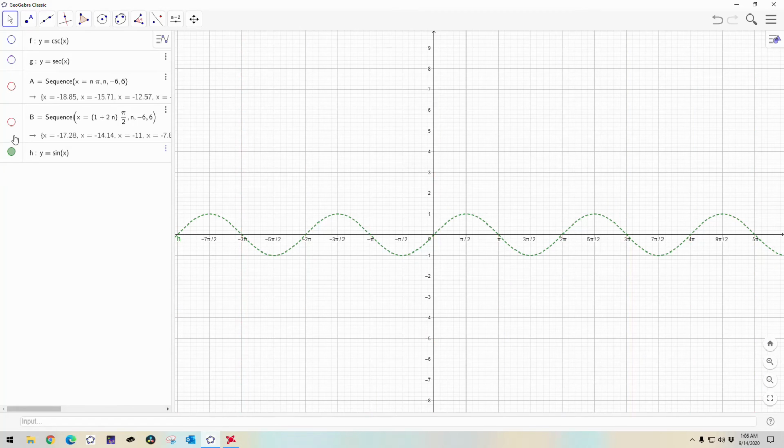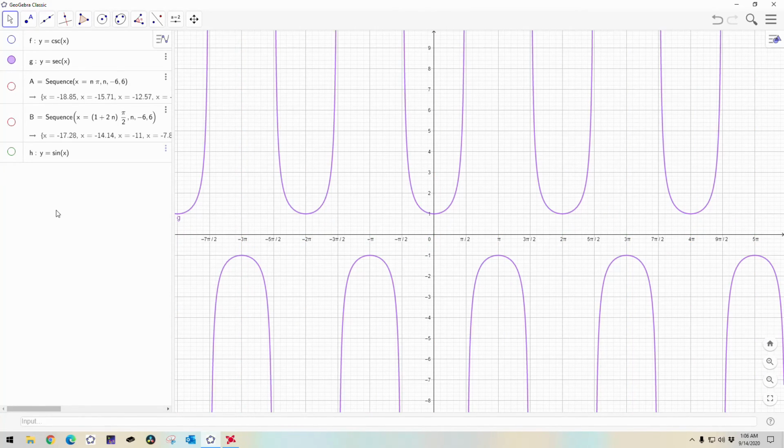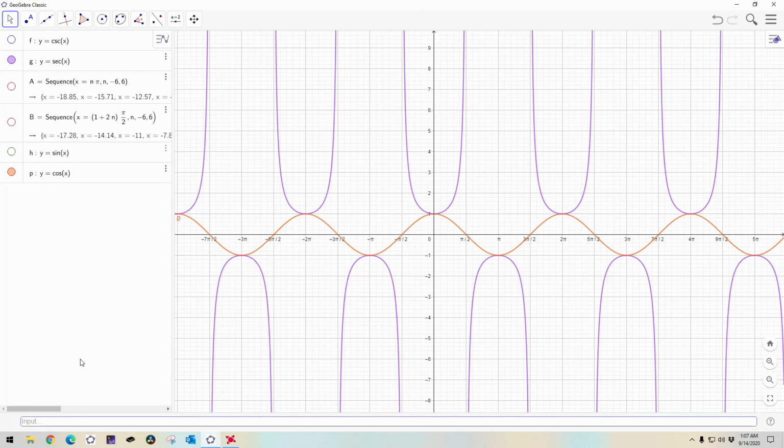Next, we'll take a look at secant. Again, you can see the secant is the reciprocal of the cosine. Let me go ahead and punch up cosine for you. You can see it does indeed fit into the pattern of the cosine the way we discussed.